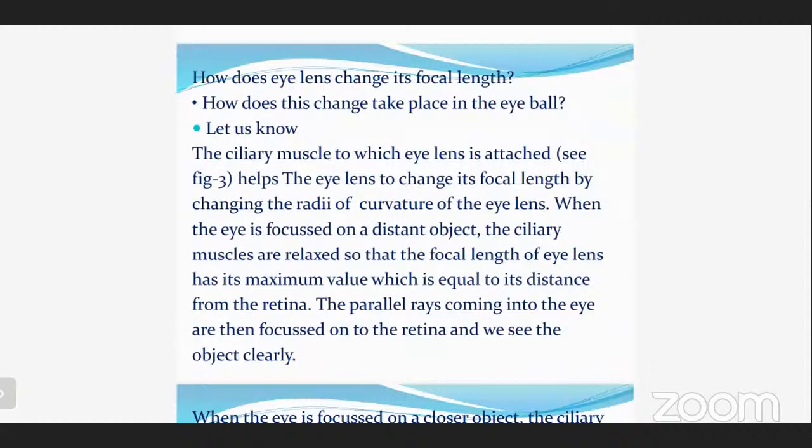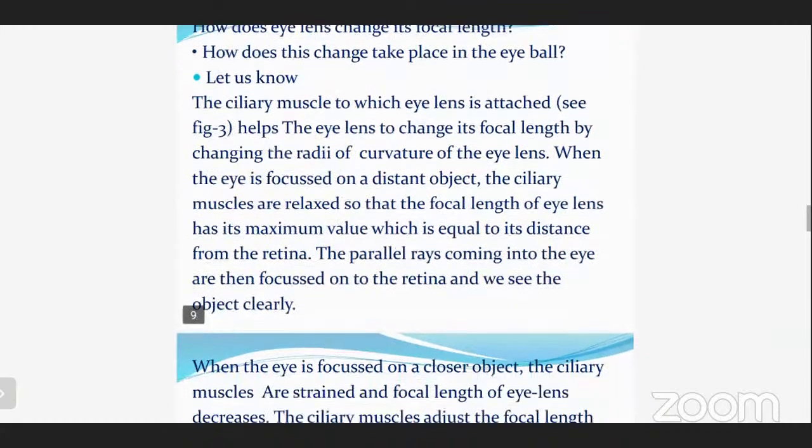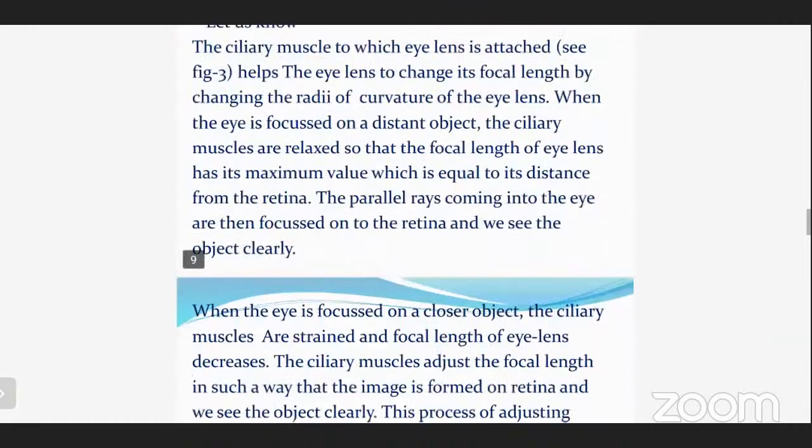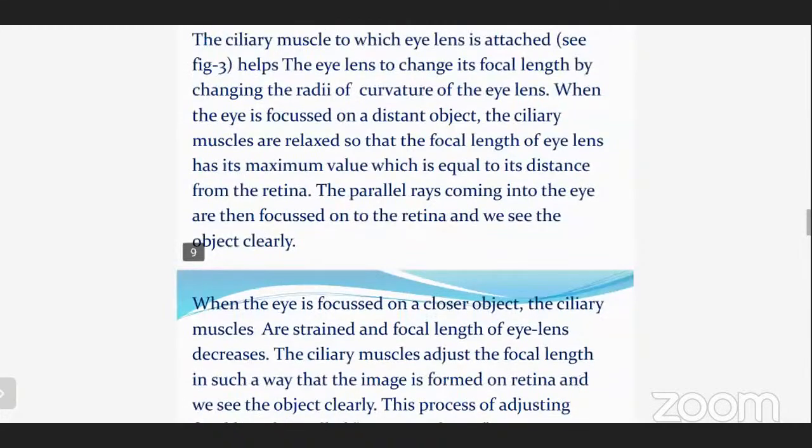Focal length is half of the radius of curvature. So we have to adjust the focal length for image formation. In our eye, ciliary muscles are used to adjust the focal length. This adjustment of focal length is called accommodation.